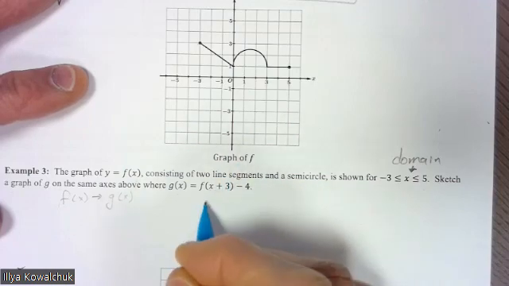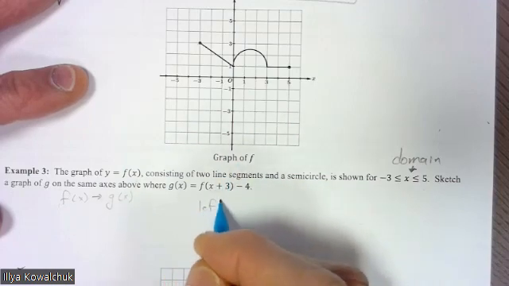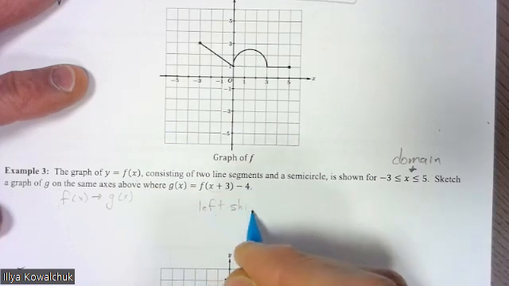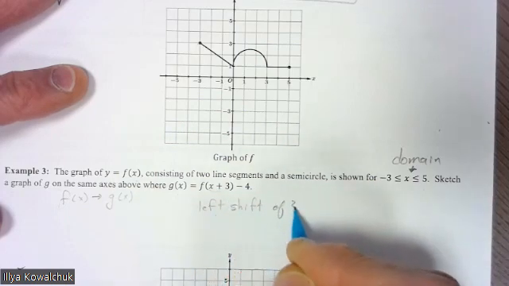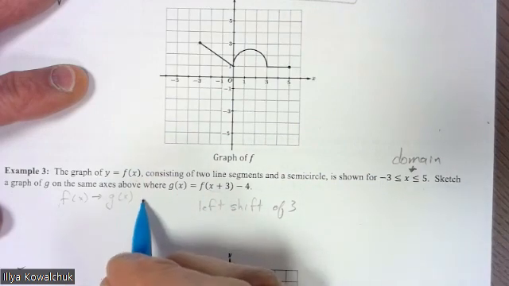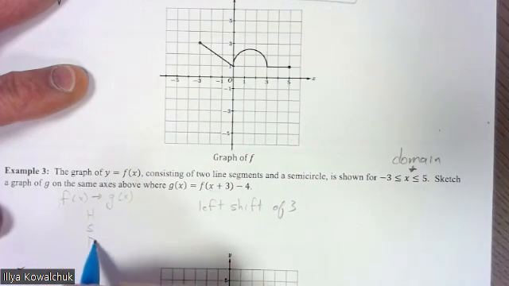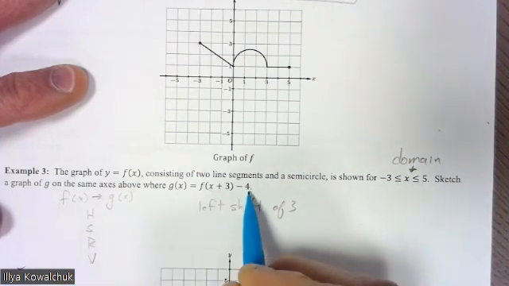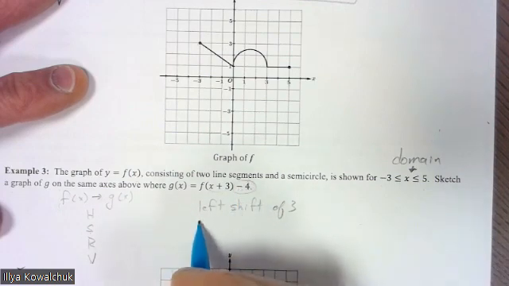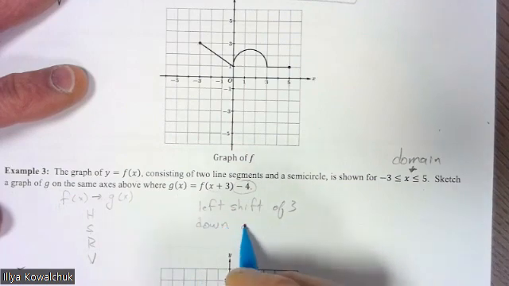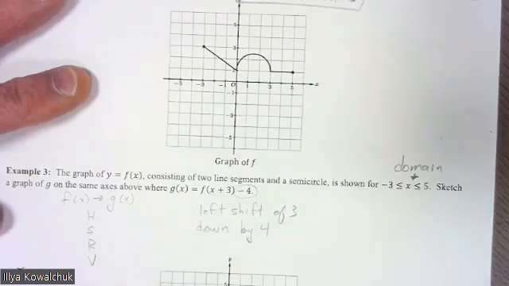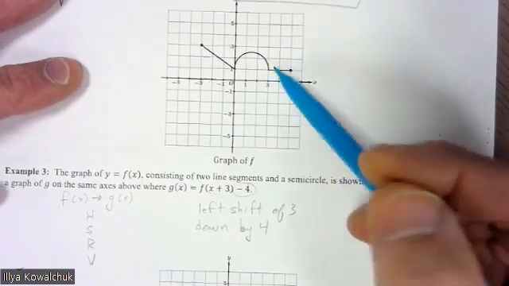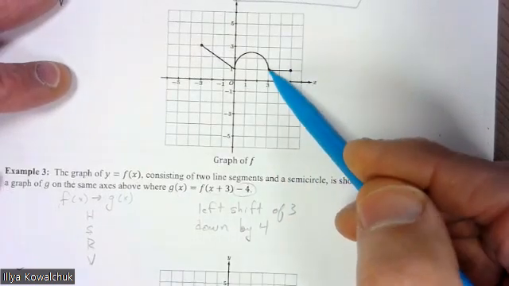And it's +3, so that means it's going to be left shift of 3. And so, sorry, I'm thinking about HSRV, horizontal shift, stretch, compression, reflection, and vertical shift. And then my final one is a vertical shift. So a vertical shift of down by 4.